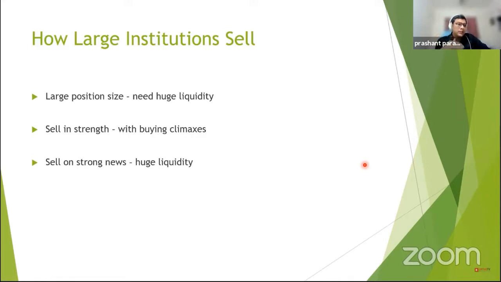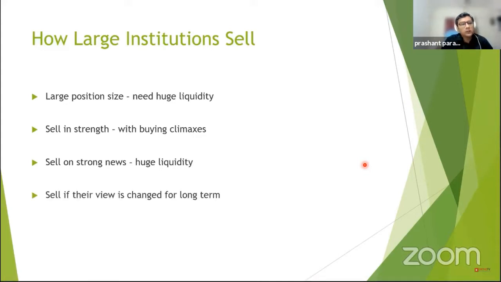And large institutions are already holding that stock from very low levels, and that may be giving them 400-500% returns from their buying level. So they are not bothered about 10-20% more gain from the high levels, and they are willing to sell because they get good liquidity on strong news. So they exit on strong news. That's why we can see that there is high volume on such strong news. When prices are moving higher, there are high volumes in candles.